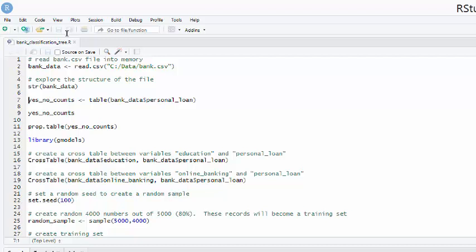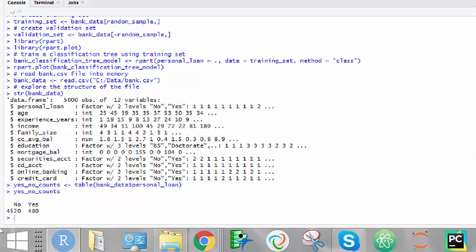So then the next thing that we did is we calculated the counts, right? How many observations were in the bank file, do you remember? 5,000 records, right? And then we showed the count, so we said that out of 5,000 records, the majority, 4,520, didn't even react to the proposal from the bank.